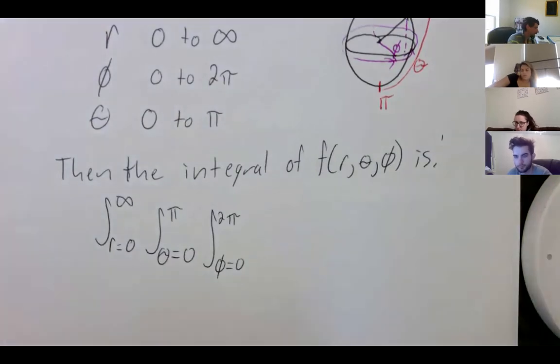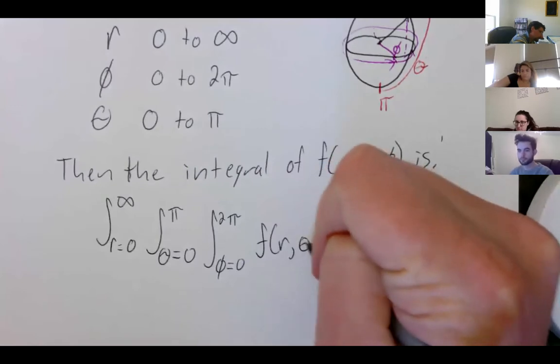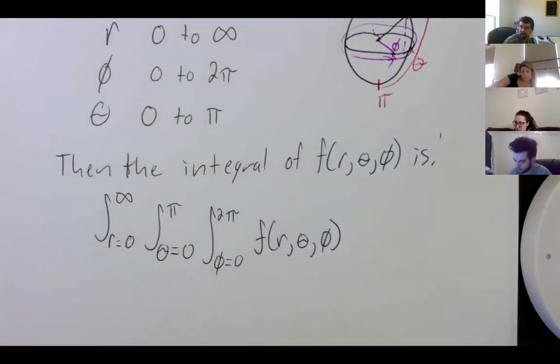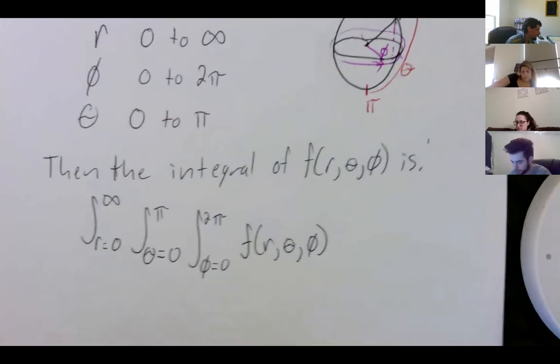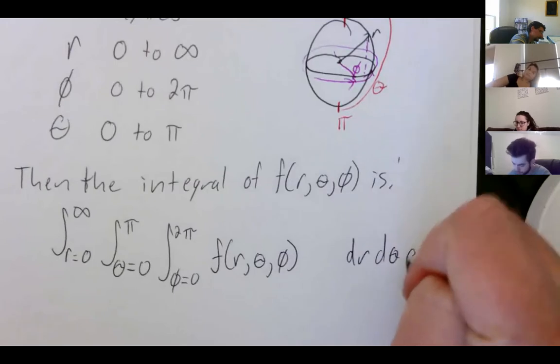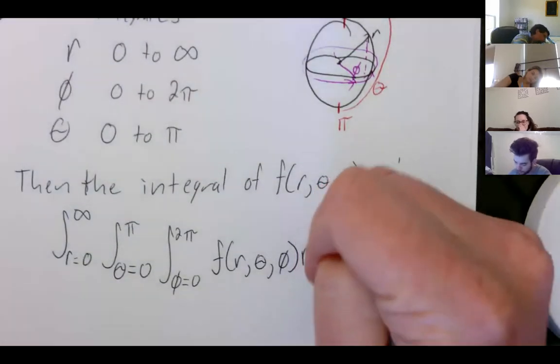Then we have f of r, theta, phi. What else do we need in here for this integral? We need dr, d theta, d phi, and the r squared sine theta.